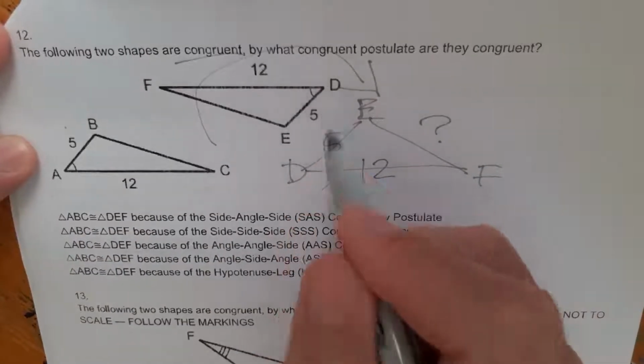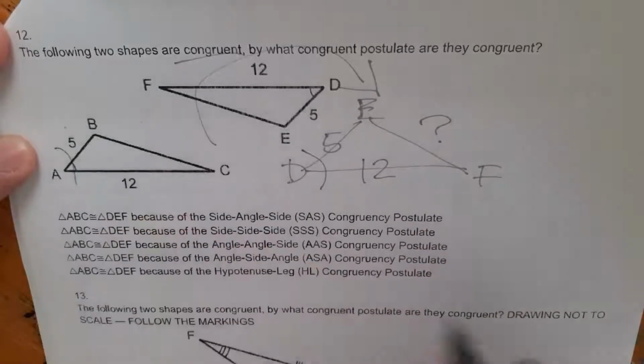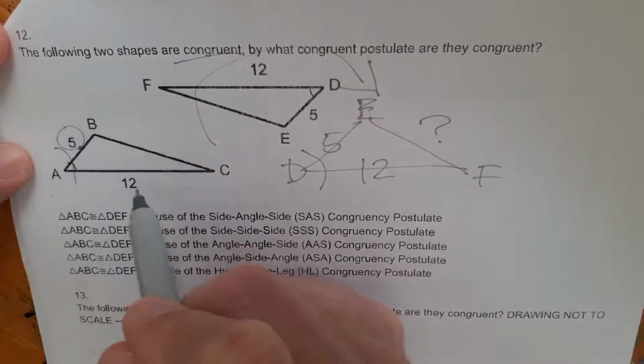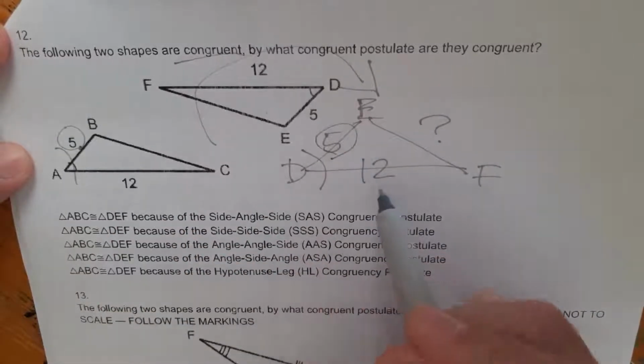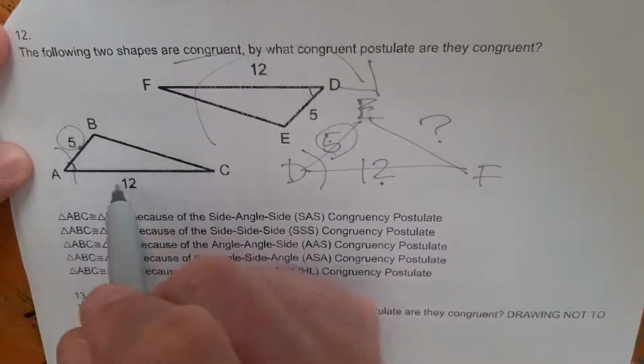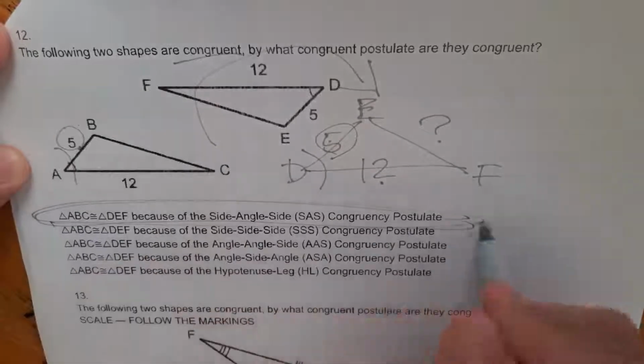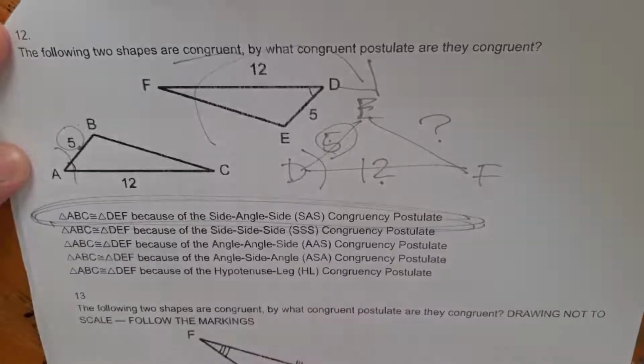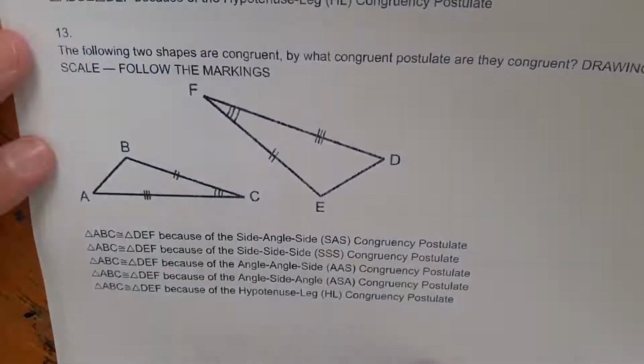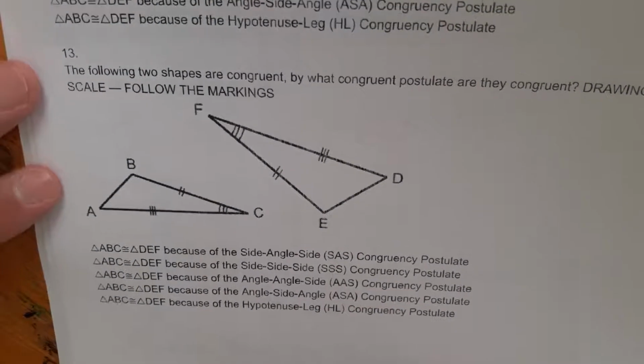All right, and angle D, we have 1 tick mark and 1 tick mark. So look, side, angle, side. 5, angle, 12, 5, angle, 12. This is side, angle, side, congruency postulate. All right, so we're going to circle that one.